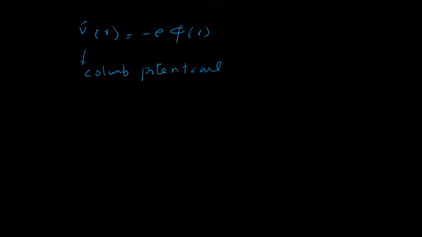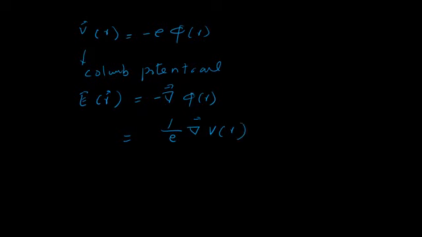As we know, the corresponding electric field E(r) is equal to -∇φ(r). Putting in the value of φ(r), the electric field will be equal to (1/e) ∇V(r), and we can also write it as E(r) = (1/e)(r/r)(dV/dr).